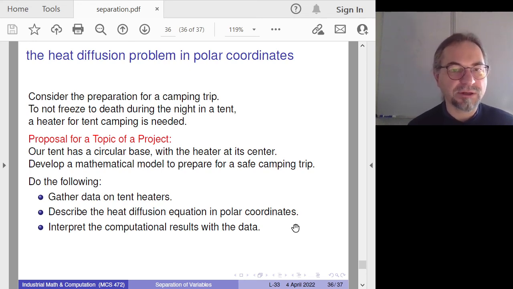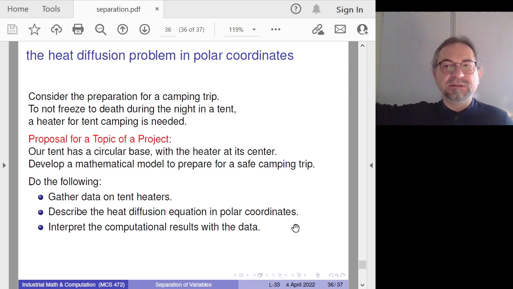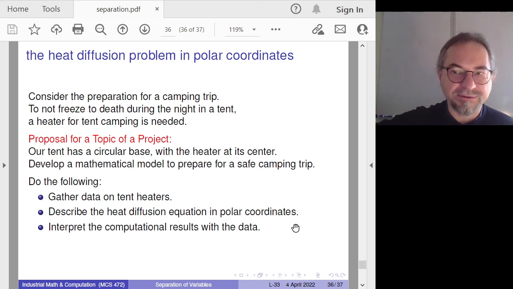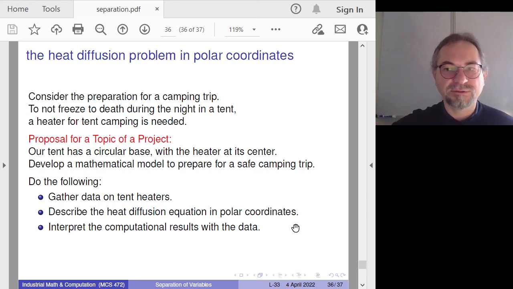So you would like to see that the temperature distribution is not a too fast decaying exponential towards the edges of the tent. At the very edge, the temperature is the outside temperature, but you would like a smoothly decaying, not a very fast decaying exponential.